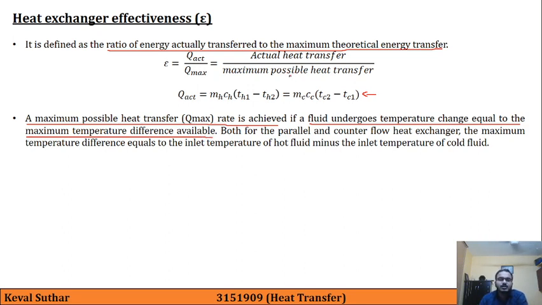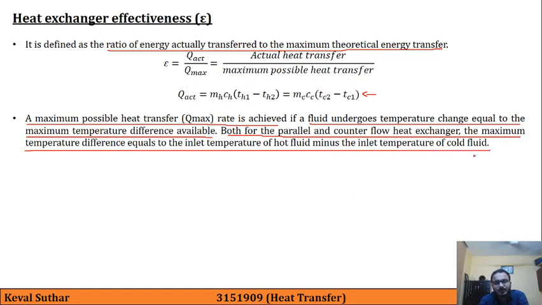So if you see what is the maximum temperature difference available in a heat exchanger, that is the temperature of hot fluid at inlet minus the temperature of cold fluid. So both for parallel and counter flow heat exchangers, the maximum temperature difference is equal to the inlet temperature of hot fluid minus the inlet temperature of cold fluid.